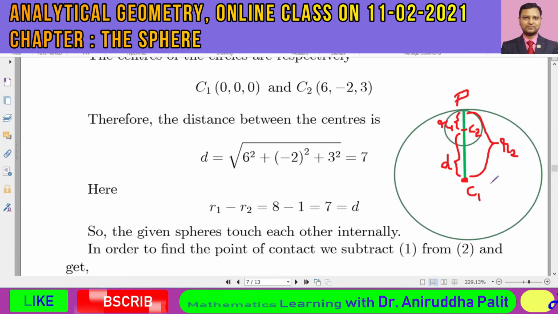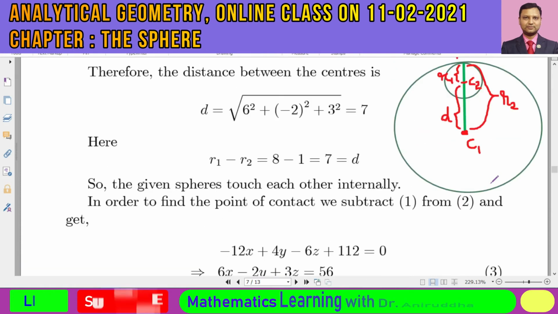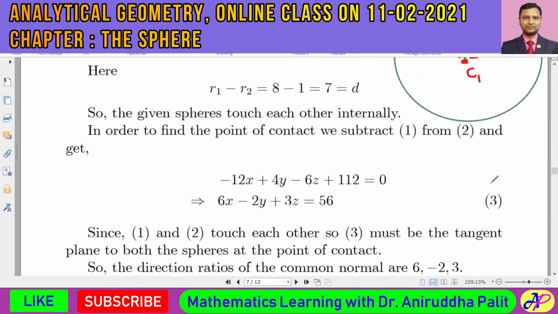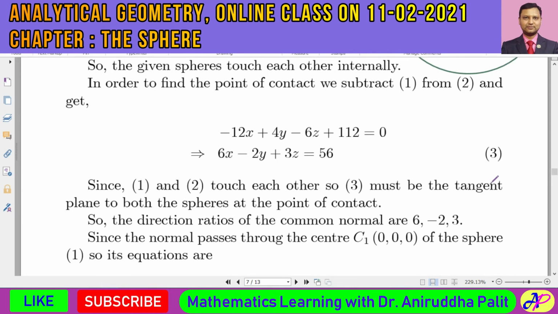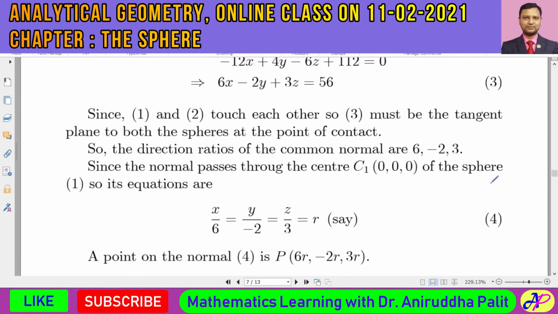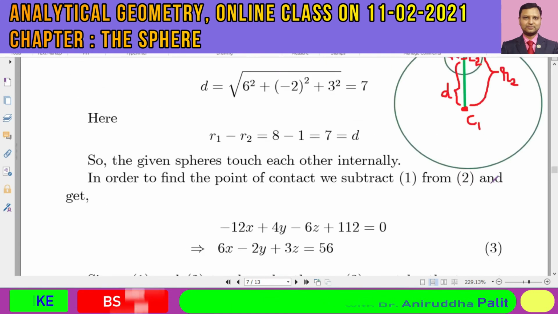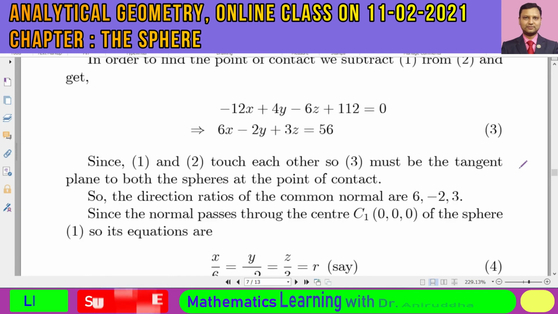Now we'll have to find the point at which these two spheres touch each other. What to do? We can solve the given equations of the spheres, or we can also find the common normal to the spheres. Common normal can be obtained by this straight line: just join the centers C1 and C2. That would be the common normal.